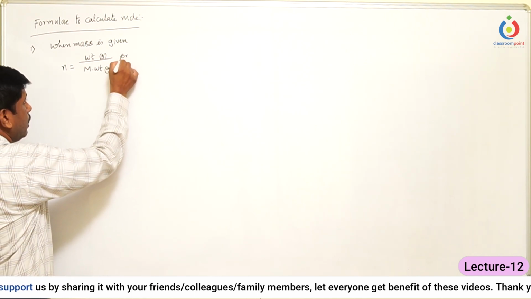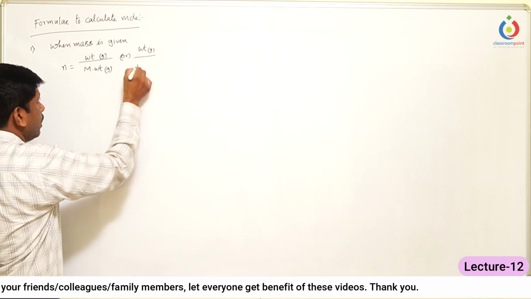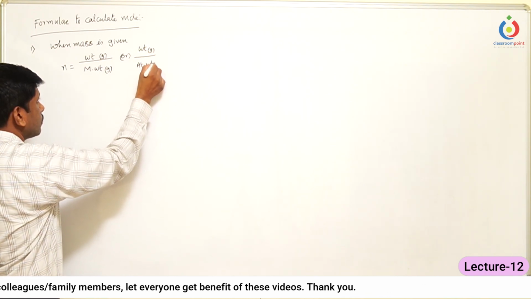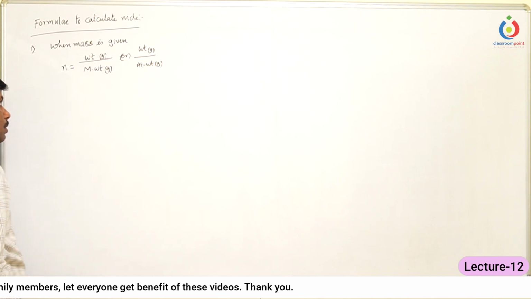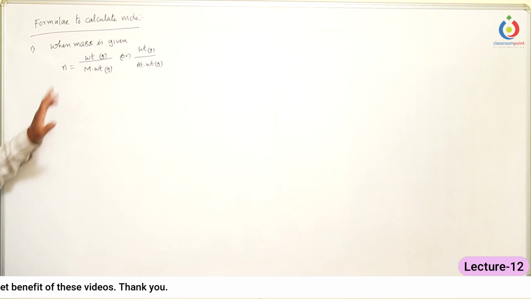Or else, if atoms are given, it is the weight of the atom divided by the atomic weight in grams. So that is the calculation of the mole: n equals weight by molecular weight.